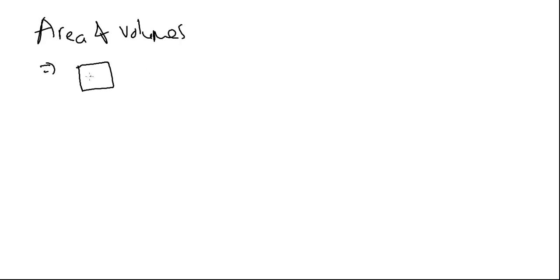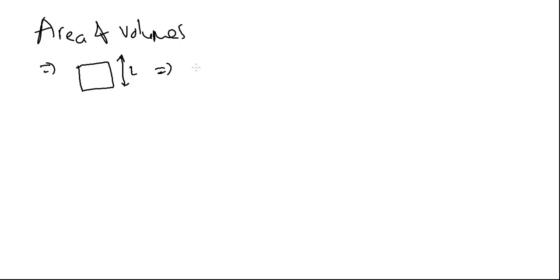So if you have a square, you can specify it by just saying what the length is. So if I just say a square of length L, well, a square means all the sides are the same.